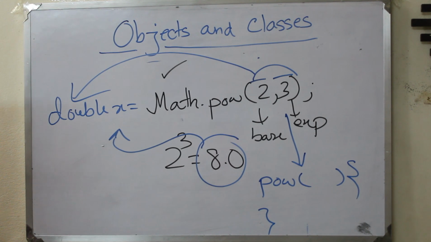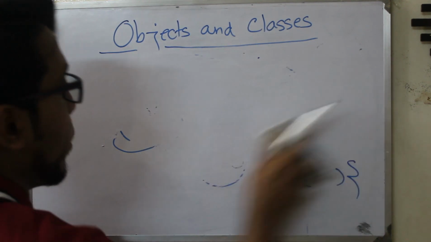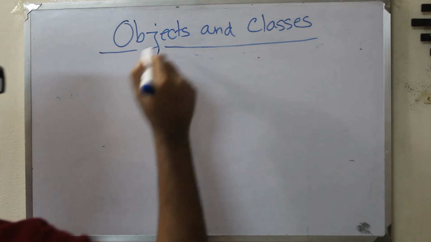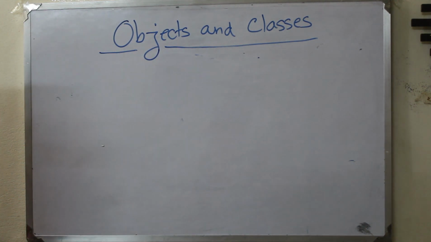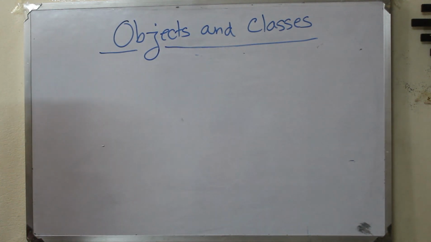Okay, so this is the basic difference between a method with a return type of double and a method with a return type of void. Moving on to the next part. I'll show you in code later on, so it becomes more clear to you.